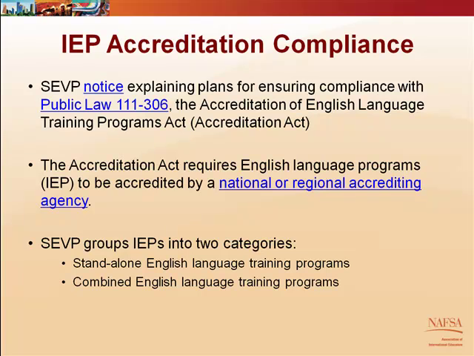The notice states that combined programs are intensive English language programs of study affiliated with another SEVP certified institution either through a contract or incorporated into the institution's offered curriculum. The latter group would include most colleges and universities with ESL programs. SEVP stated that it will initiate an out-of-cycle review of combined programs to verify compliance. The review will be used to collect documentation regarding the school's accreditation status and language program governance structure.